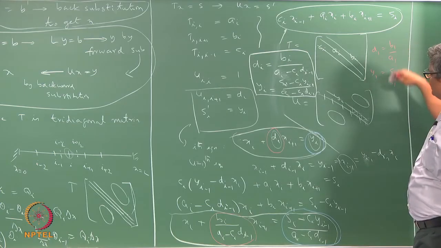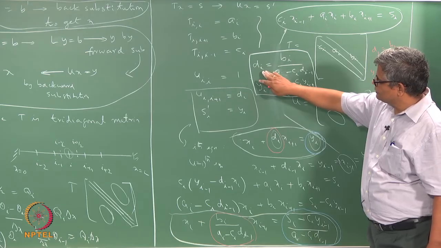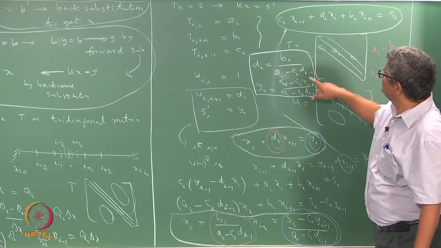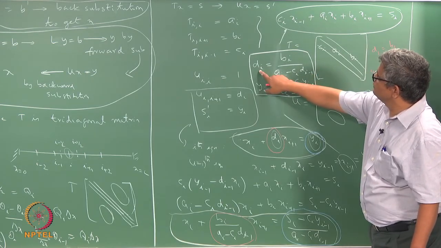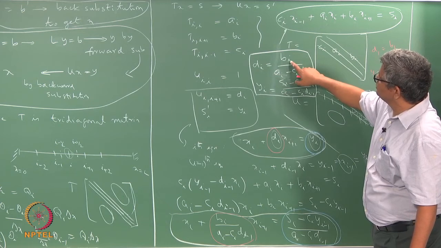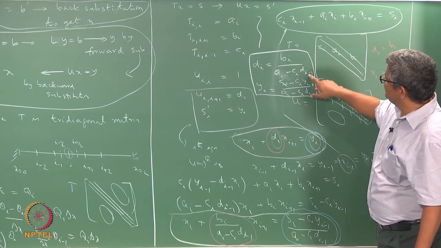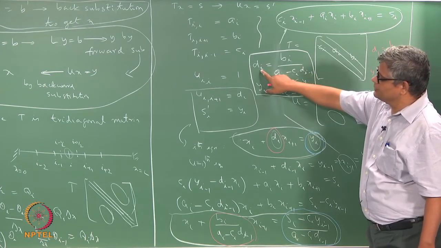So, starting with these expressions, from i equal to 2 onwards, we can put d2 equal to b2, which we know, by a2, which we know, minus c2 times d1, and d1 is already known. So, we can evaluate d2.